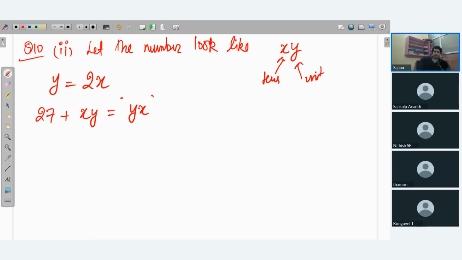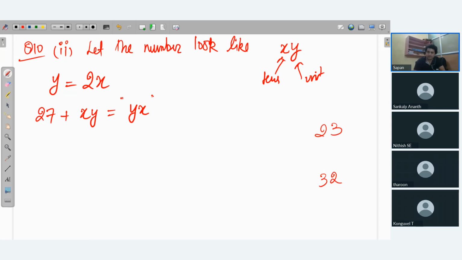Now there is a small catch. It's not multiplying x and y. Let's say the number was 23. If I switch the number, it becomes 32.